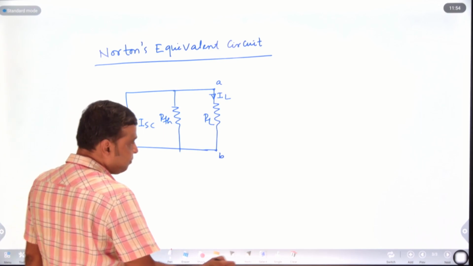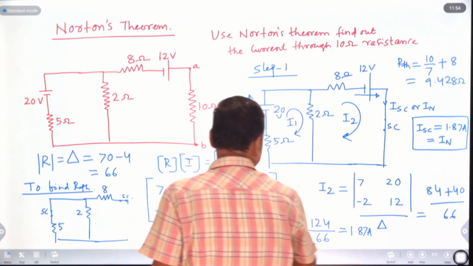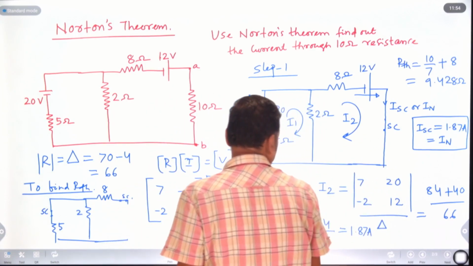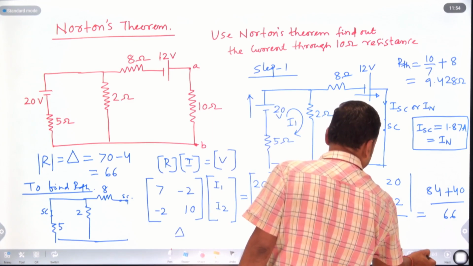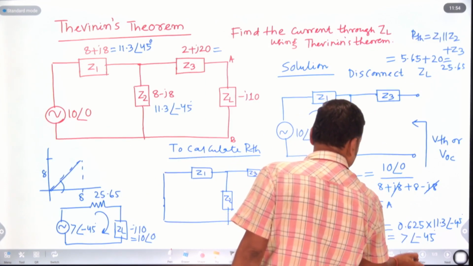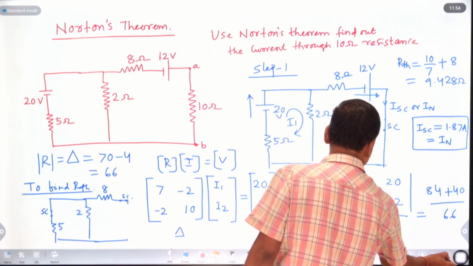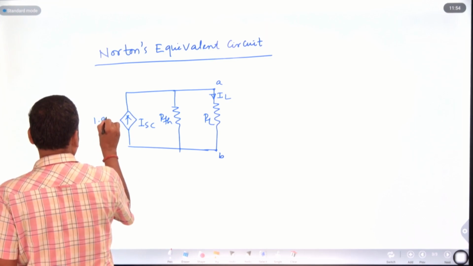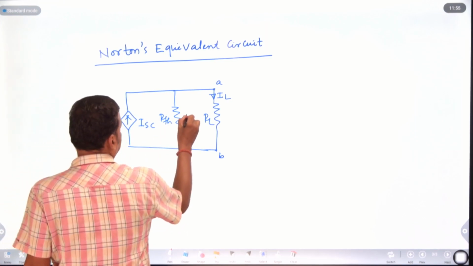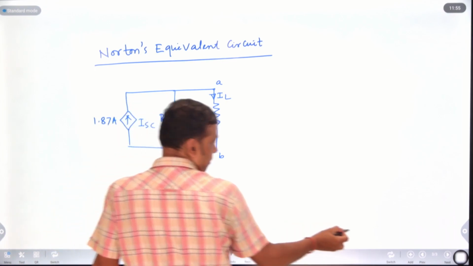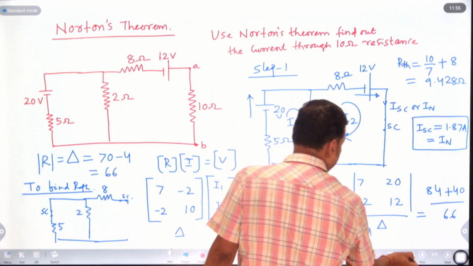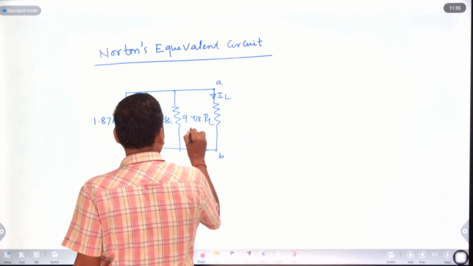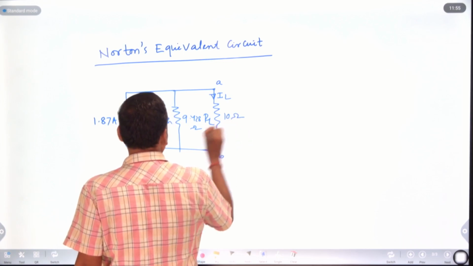ISC, from the previous slide, equals 1.87 ampere, this is your 9.428 ohm, and this is your 10 ohm.